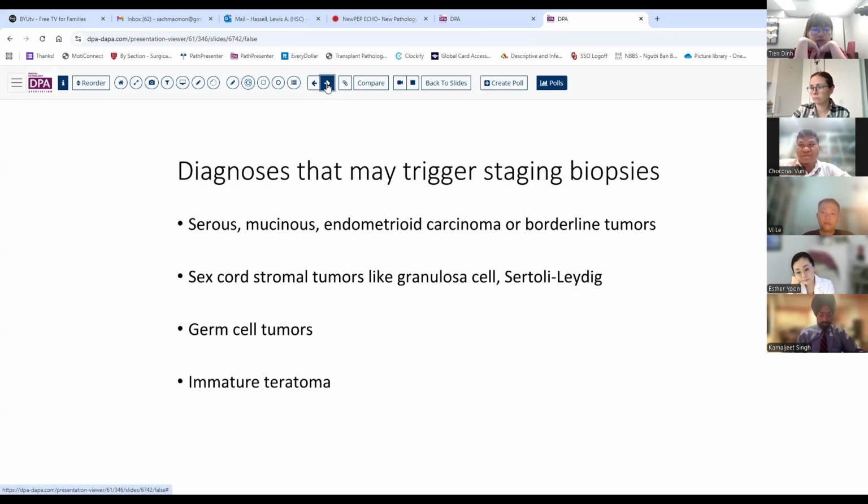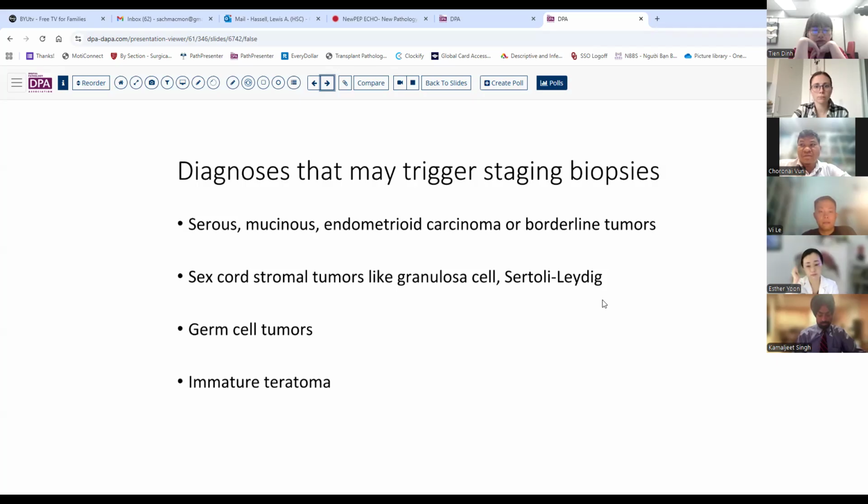So what is going to lead them to do further biopsies and staging of the tumor at the time of surgery? Any of the common epithelial tumors or borderline tumors will lead to additional staging biopsies. Likewise, several of the sex cord stromal tumors like granulosa cell or Sertoli Leydig tumors may require staging evaluation.